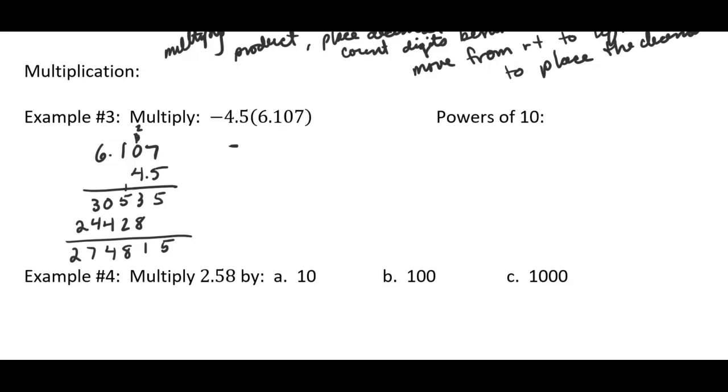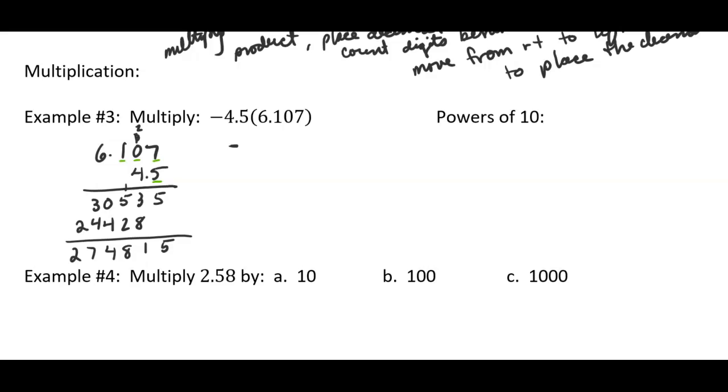So I'm counting how many places are behind the decimal in both factors. So there's 1, 2, 3, a total of 4. There's 3 digits to the right of the decimal in the first number, and 1 digit to the right of the decimal in the second number.